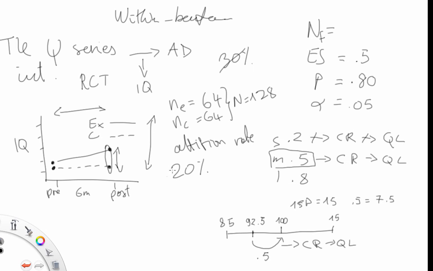And so in the experimental group we will have 77 participants, and in the control group also 77 participants. So if we lose 20% of participants, we'll still retain this 128. So the final N will be 154 participants.